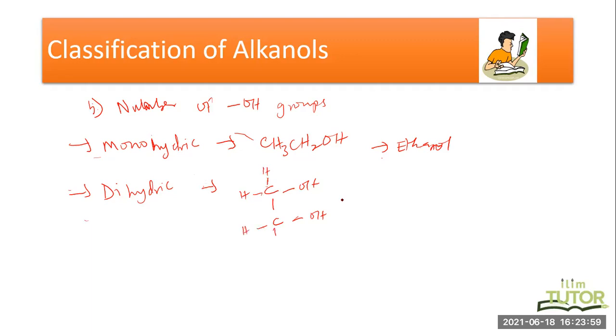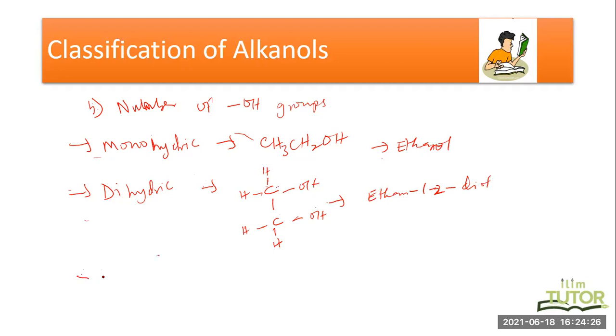To name this, count the number of carbon, remember 1, 2. So 2, there should be an eth. So this is ethane 1, 2, diol. Since it's dihydric, the name will not just be an alkanol, it's going to be a diol.